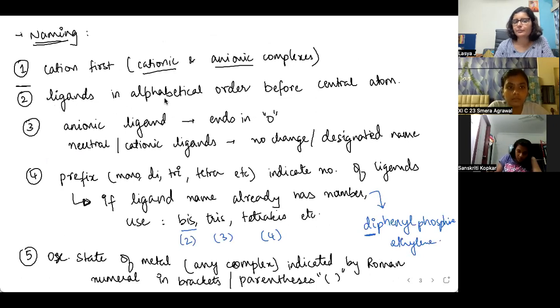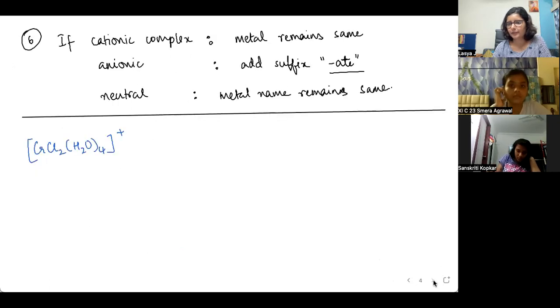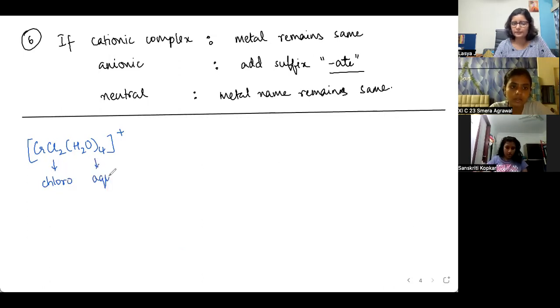Next, the ligands have to be listed in alphabetical order before the central atom. What ligands do you have? Cl and H2O. Cl will be chlorido and H2O will be aqua. Alphabetically aqua comes first, then chloro, then Cr, which is chromium.